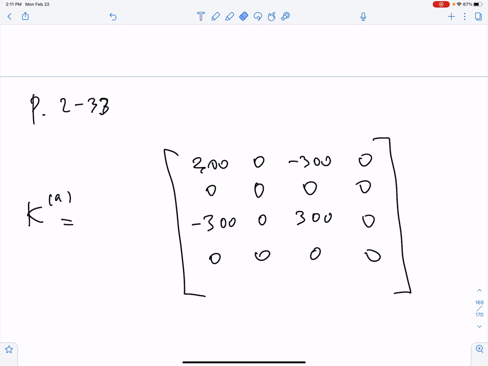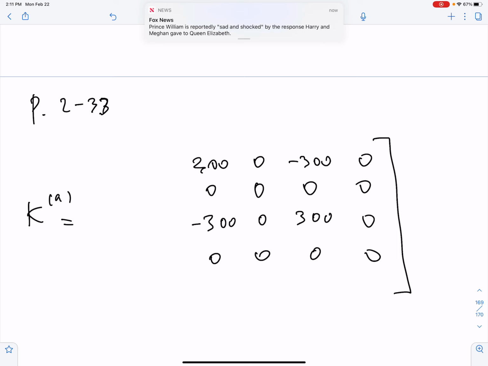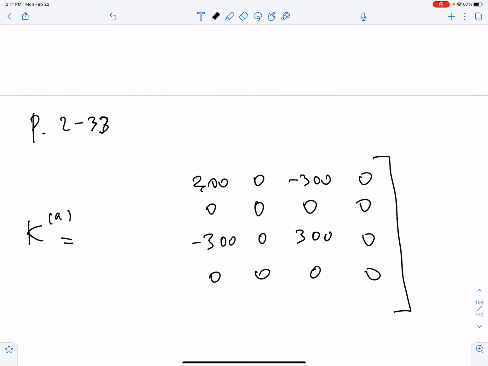And so what we do now is we put in the ID array. And recall, last time the ID array contained zeros for the entries where the displacements are prescribed.